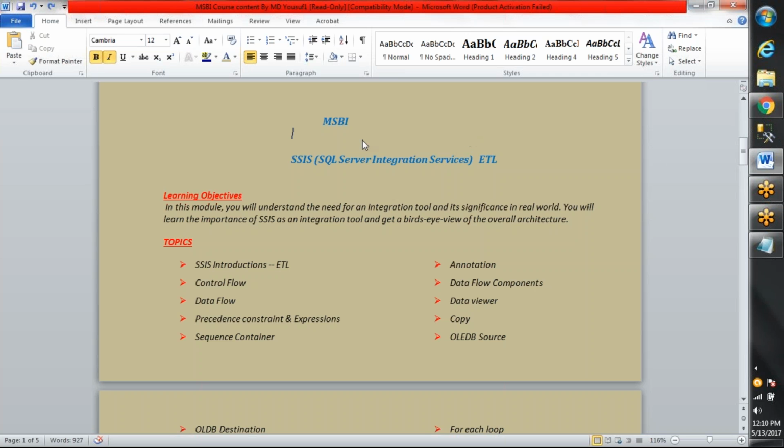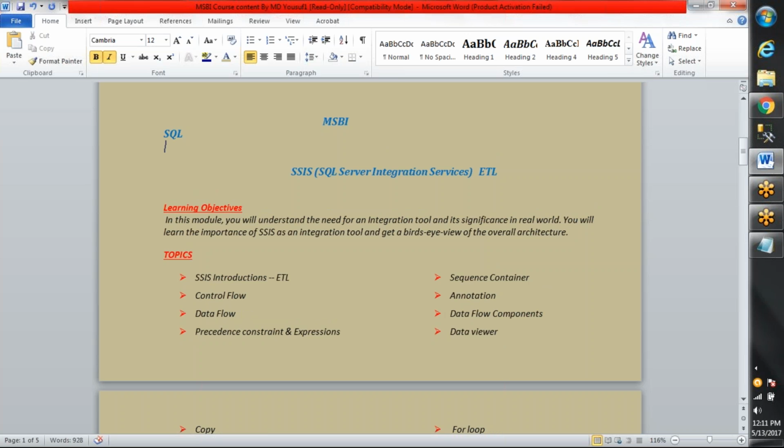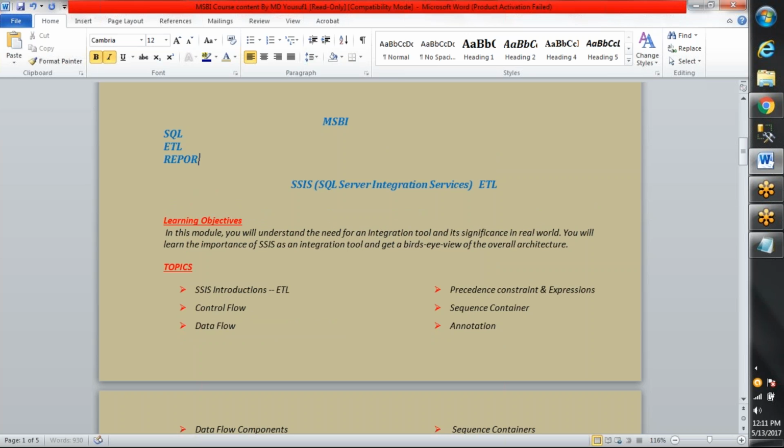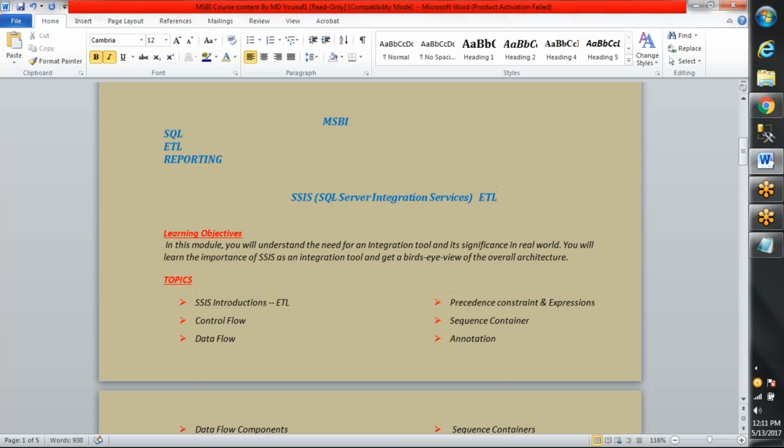With that said, I have a plethora of skills, mostly dealing with SQL development as well as ETL, reporting and analysis, which are the parts of MSBI.